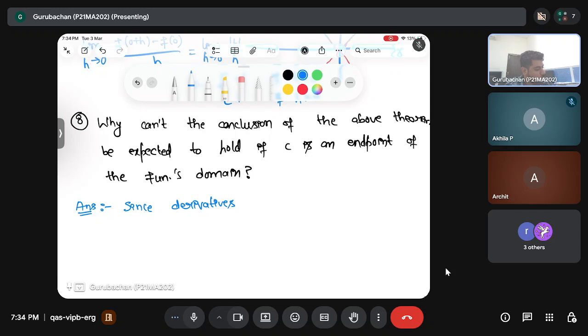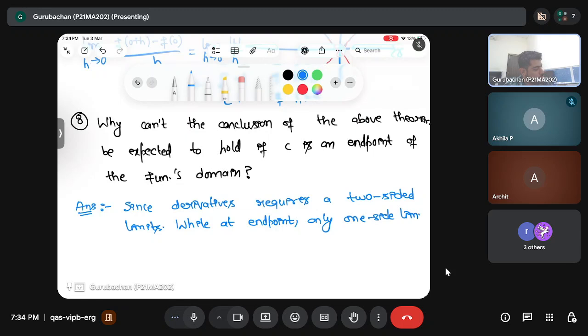Since the derivative requires a two-sided limit, while at an endpoint only one side limit exists. Is it clear?